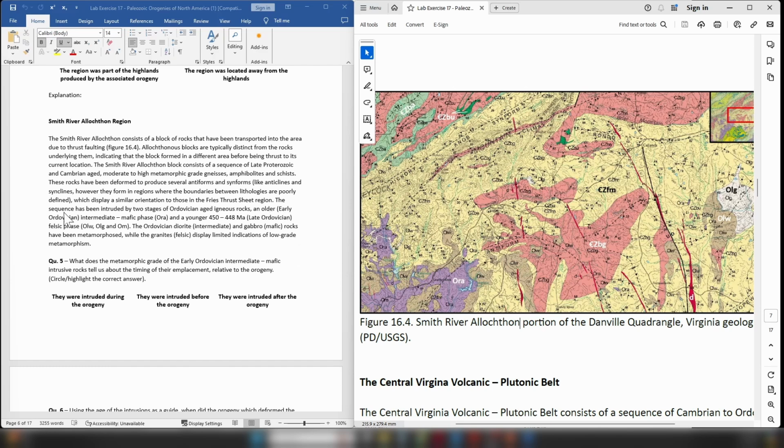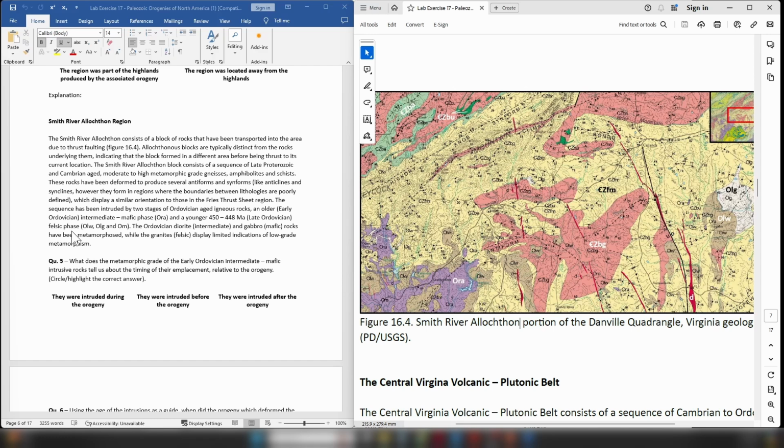Now, the sequence has been intruded by two stages of Ordovician aged igneous rock. So we have an older, early Ordovician, intermediate to mafic igneous rock suite, and we have a younger, late Ordovician felsic rock suite. So straight away we can see that we have two completely distinct types of igneous rock present in our area.